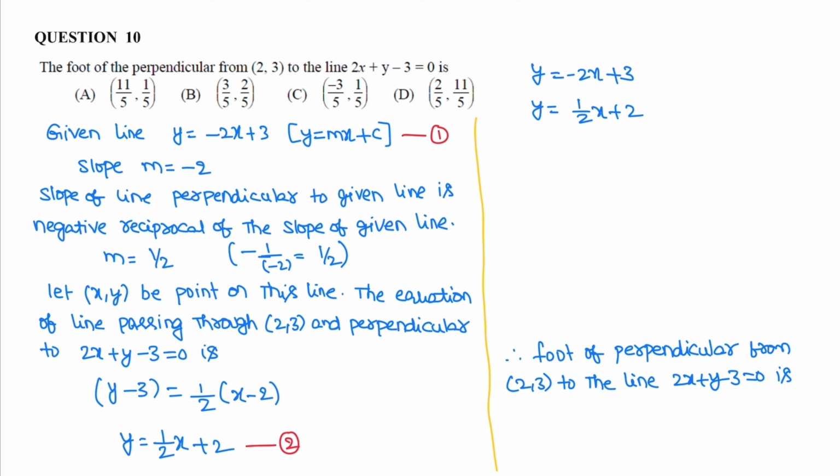On solving, the value of x is 2 by 5 and the value of y is 11 by 5. Therefore, the foot of perpendicular from 2 comma 3 to the line 2x plus y minus 3 is 2 by 5 comma 11 by 5. The correct option is D.